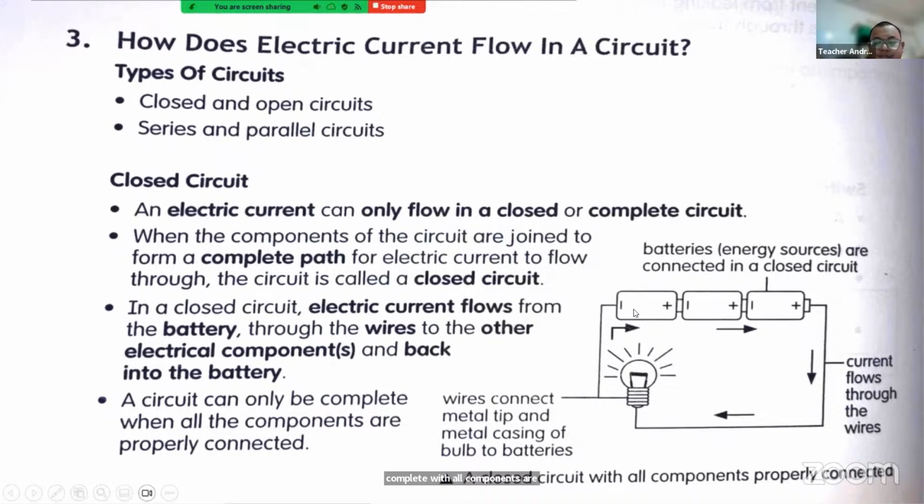So you can see that the battery is minus, plus, minus, plus, minus, plus. Then the current flows through the wires. The wire connects the metal tube and the metal casing on the bulb and goes back to the battery. This completes the loop. Therefore, we call it a closed circuit. Next up.